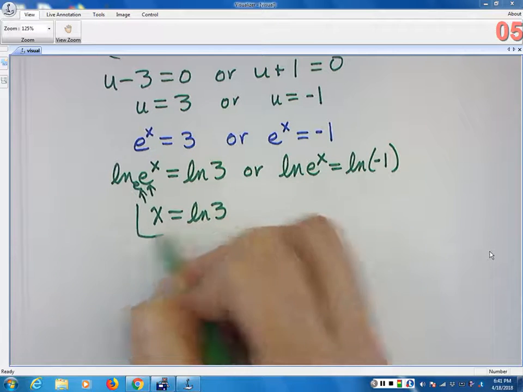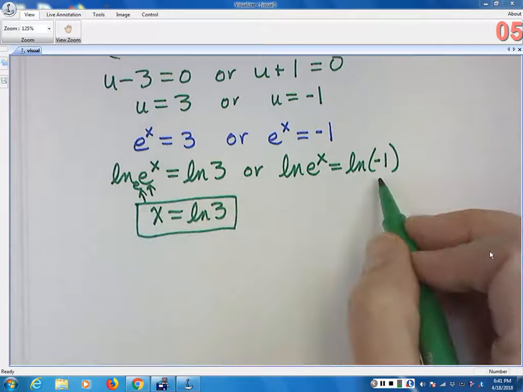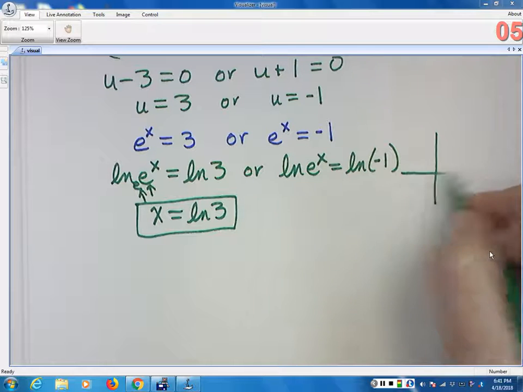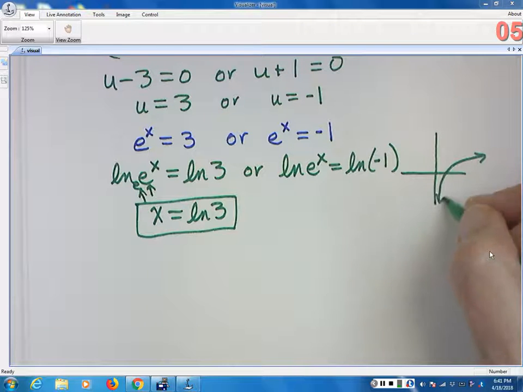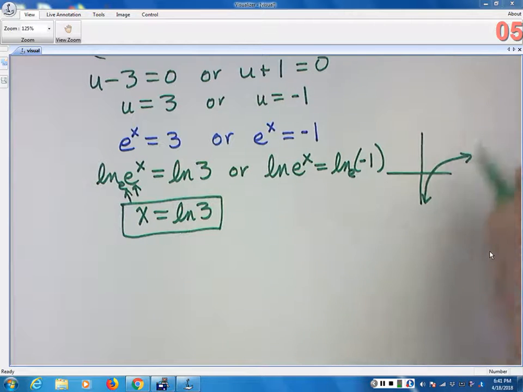And these cancel. This is base e, and that leaves you with x equals natural log of 3. That's one answer. And remembering what the natural log function looks like, this is base e, so it looks like this, and this is a vertical asymptote.